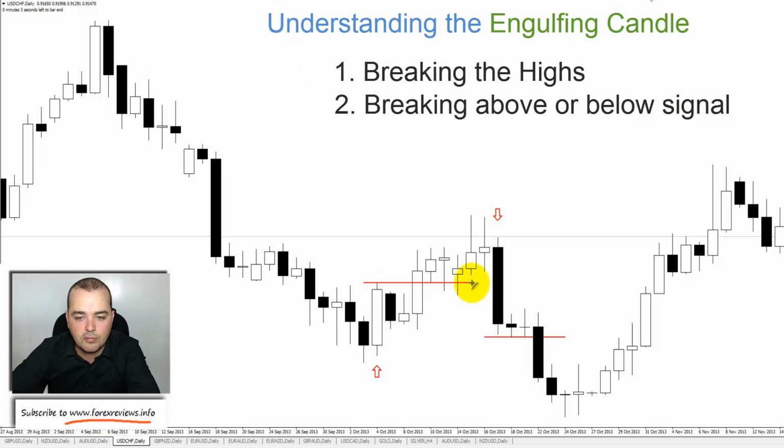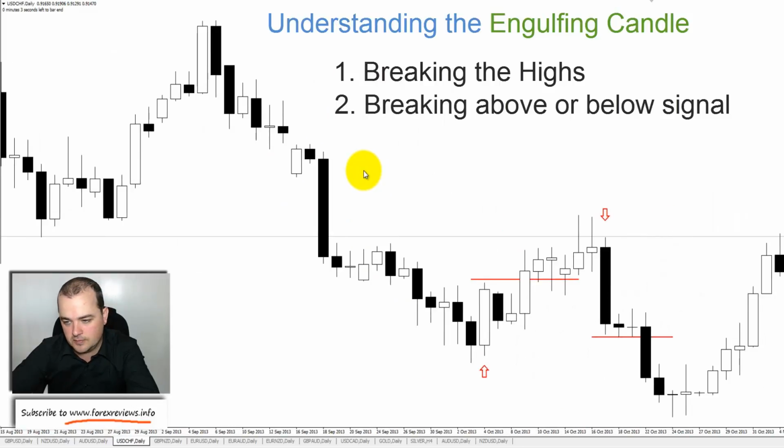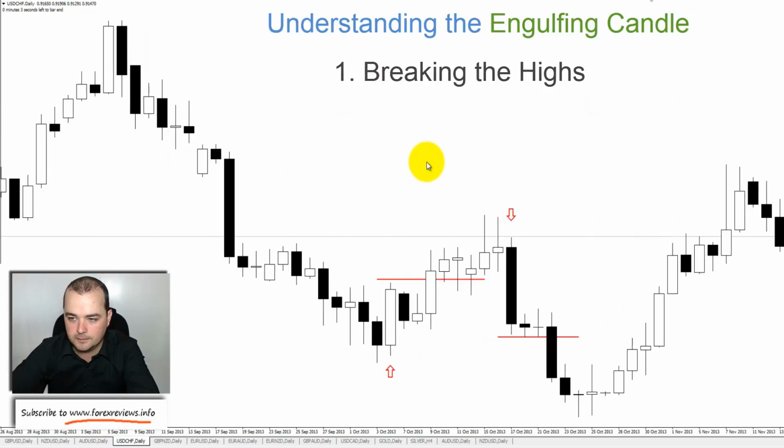When price broke above this bullish engulfing candle signal, the price continued up. It's not to say how long the move is going to go for, but it's a measure of sentiment in the market.